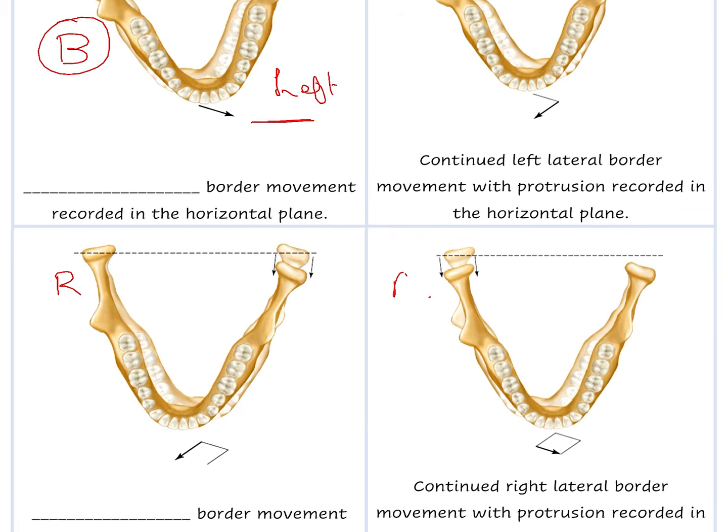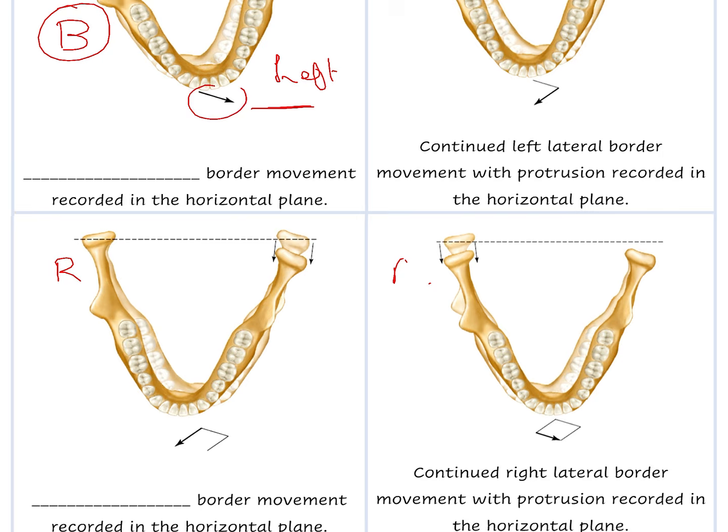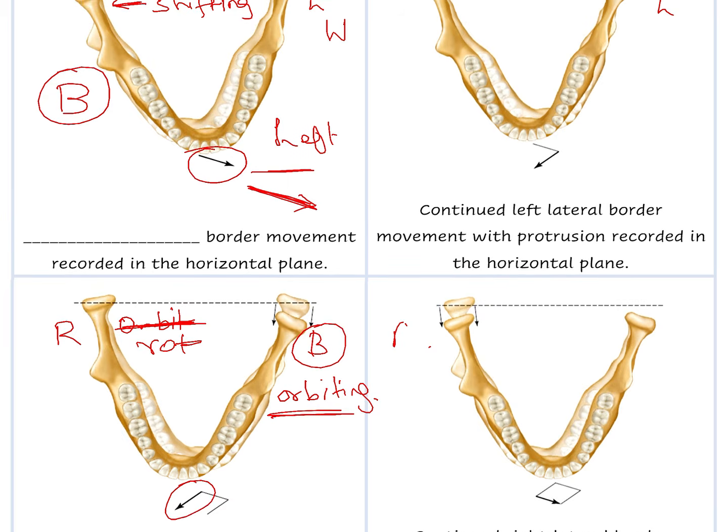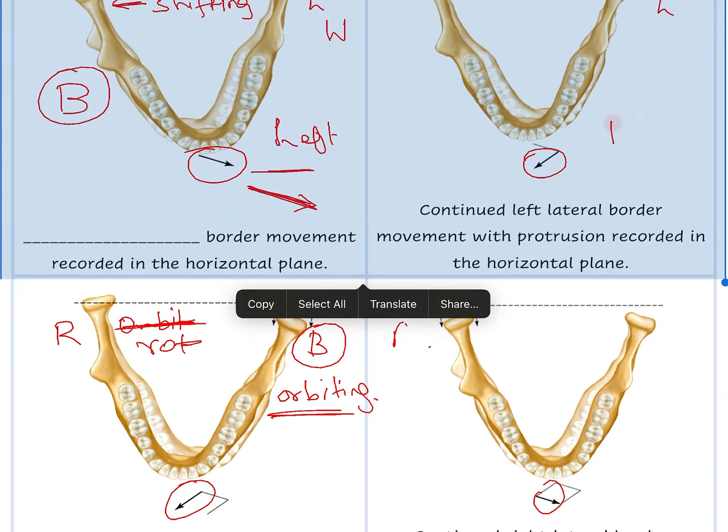Correct? So this angle, this movement is the left lateral. Likewise, this is the right lateral. Sorry, this is your rotating condyle and this is your orbiting condyle. Right? And these two arrows below are related to protrusion.